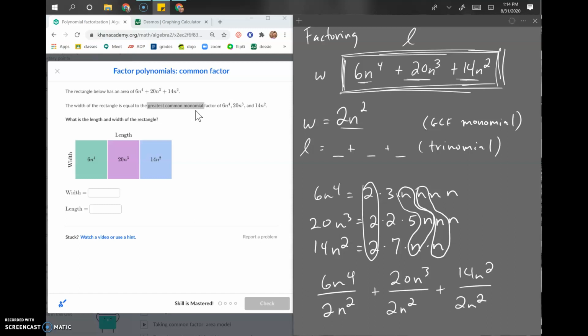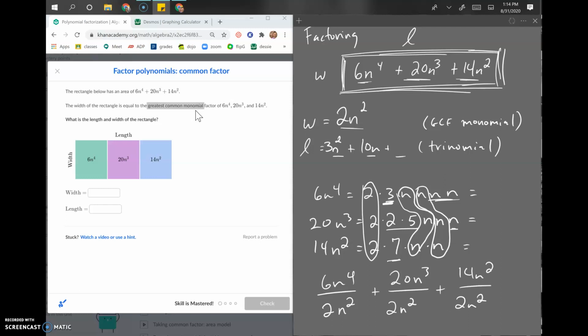And then whatever we get left would be the length, right? But because I've written it out like this, I can see that, okay, there's a 3 and there's 2 n's left. So in the first term, we have 3n squared, which would be the same exact thing if we divide it, right? 6 divided by 2 is 3, n to the 4th divided by n squared, subtract the exponents, 2, right? 5 times 2 is 10, and we've got an n, so 10n.